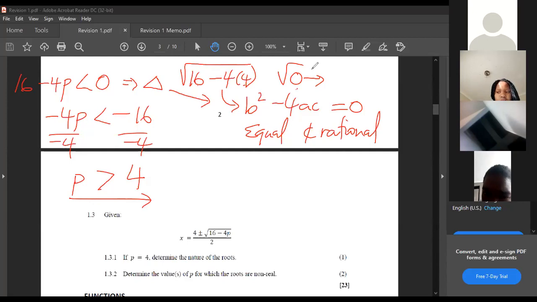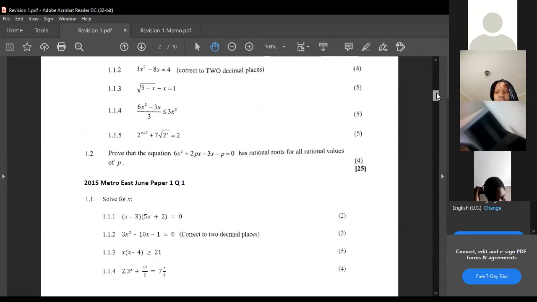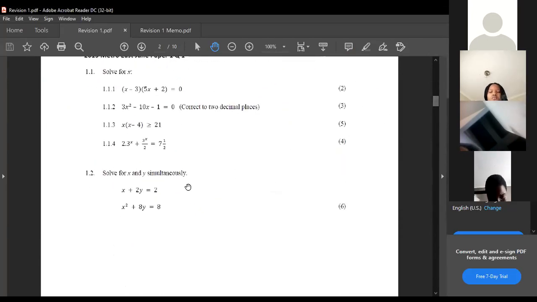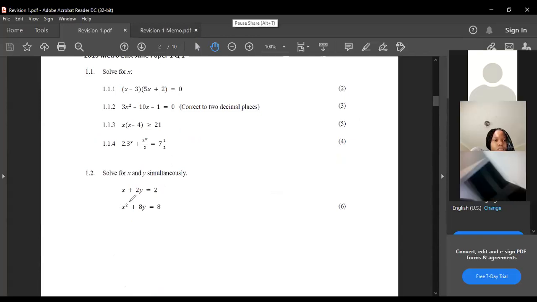Now, when it comes to simultaneous equations, remember, if you have simultaneous equations like this, the first thing to do is make subject the simplest.